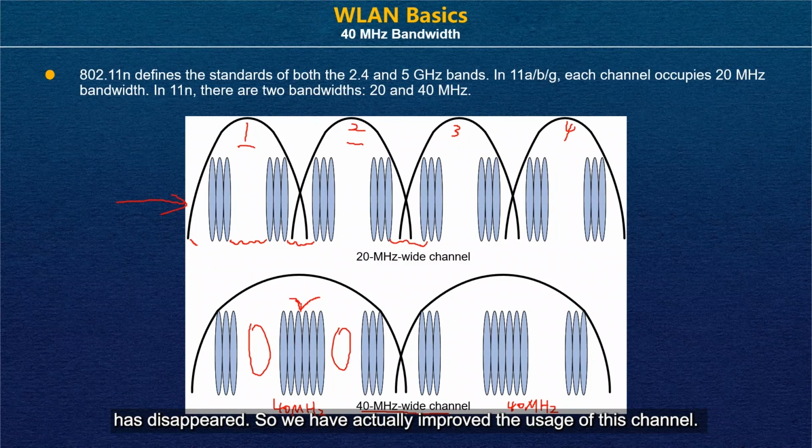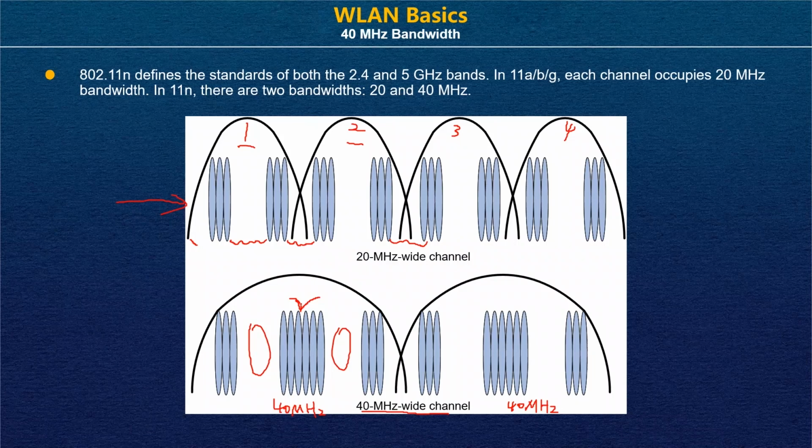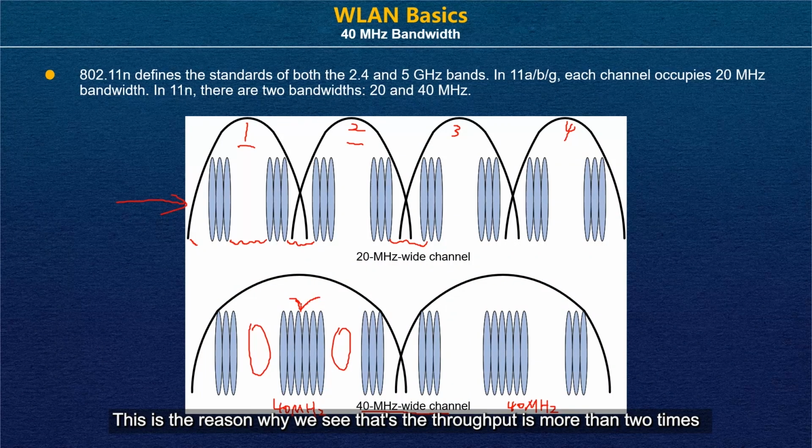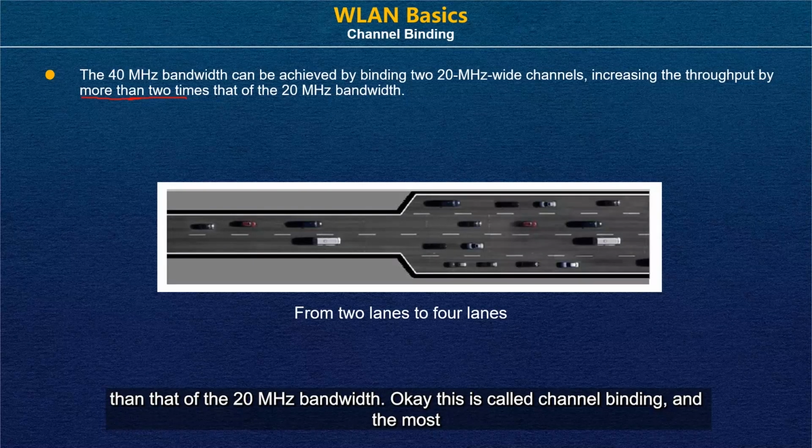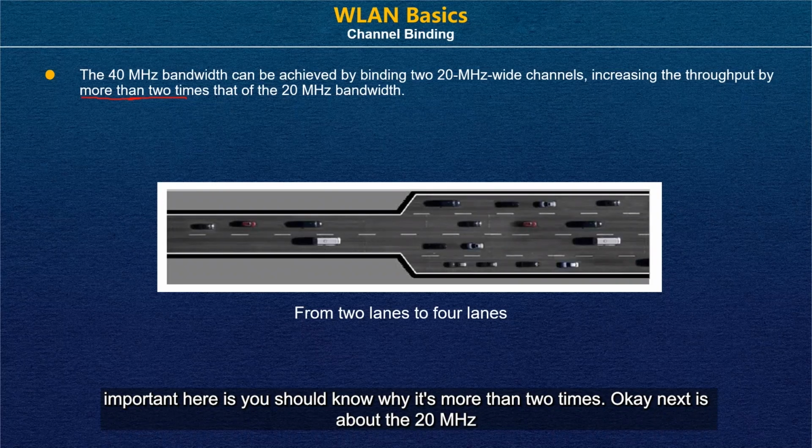So we have actually improved the usage of this channel. This is the reason why we see that the throughput is more than 2 times that of the 20 megahertz bandwidth. Okay, this is called channel binding. And the most important thing here is you should know why it's more than 2 times.